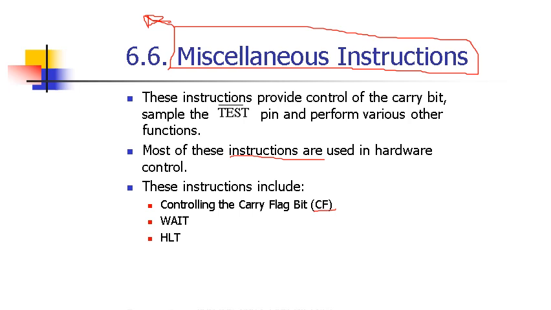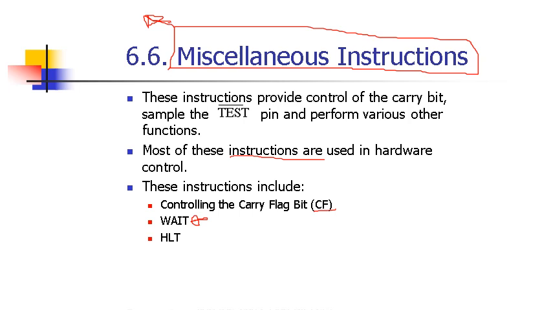the wait instruction. This is a very important instruction because usually your microprocessor runs much faster than the memory can be accessed. So if you're connecting memory to your microprocessor, sometimes the memory cannot handle data as fast as your microprocessor.